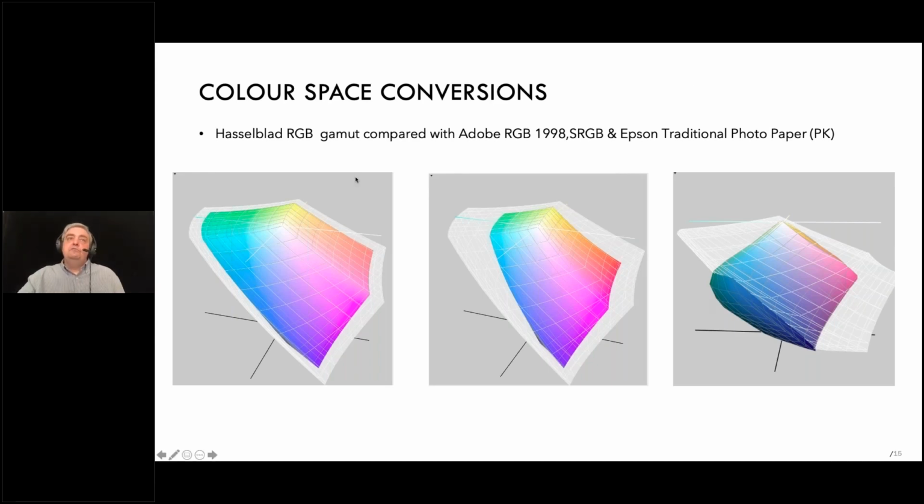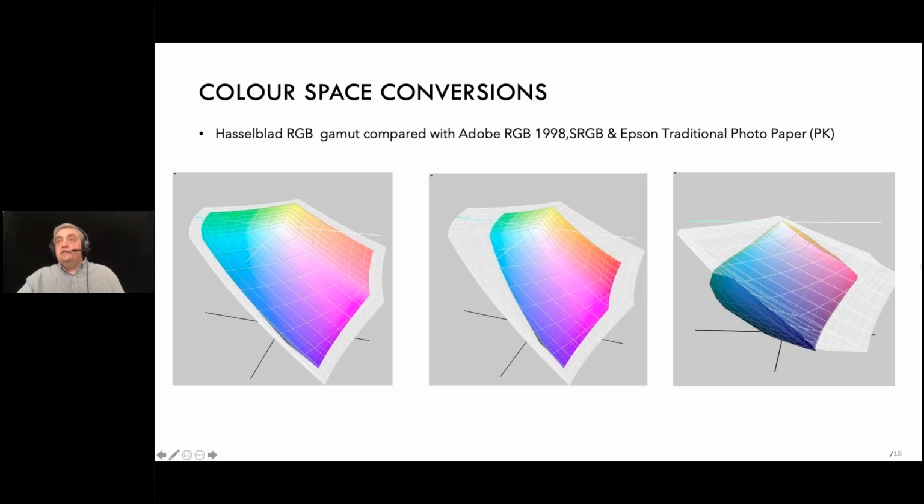As an example, the white or the gray area here, that is the extent of the Hasselblad RGB compared to Adobe RGB. With this one, you can see the sRGB color gamut is much smaller than the Hasselblad RGB.